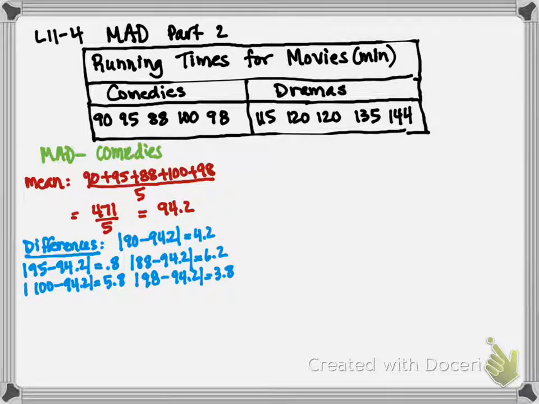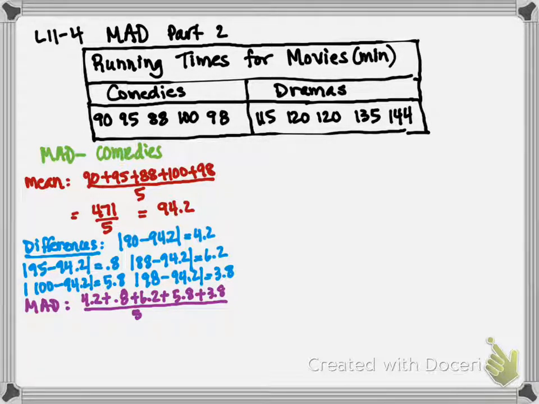So now we're ready to get mad. We take all those absolute differences, 4.2, 0.8, 6.2, 5.8, 3.8, and divide by 5.